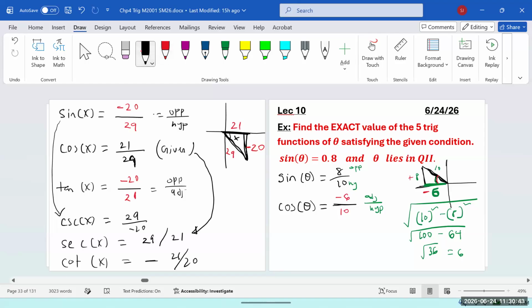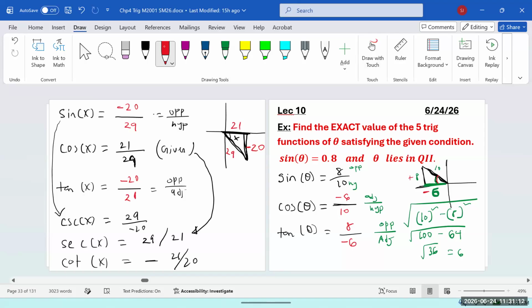And then we have sine, cosine, tangent. Tangent is what over what in terms of triangle? Opposite over adjacent. So from this triangle, what is opposite? 8, and adjacent? -6.